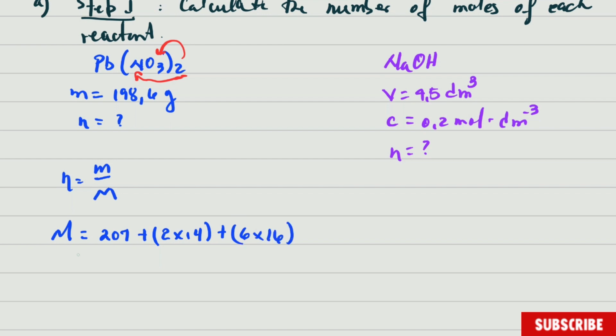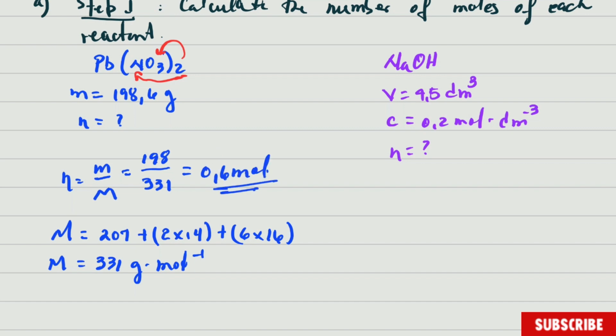When you do this, you will get that the molar mass of lead(II) nitrate is 331 grams per mole. And this is obviously needed for this calculation of mass. Now we have 198 grams divided by 331, and the answer is 0.6 mole for lead(II) nitrate.